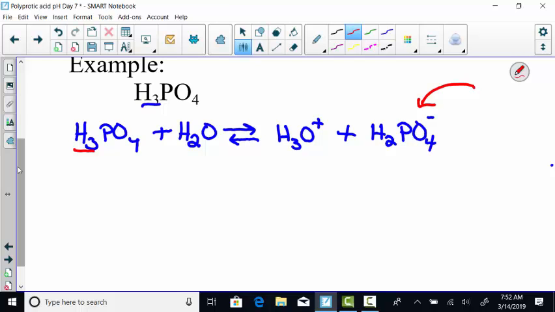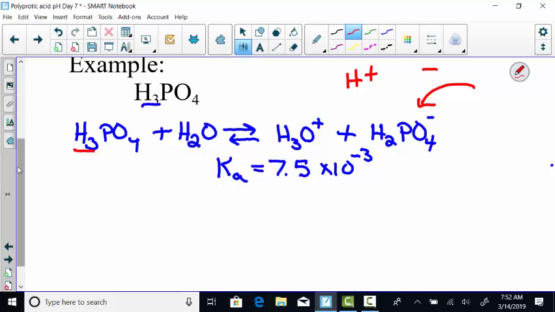You really need to realize that if you lose a 1 plus charge, then this becomes a minus charge left over. Now, this process has a Ka to it, and you can find that Ka in the back of the book. But I'm just going to write this Ka down. It's 7.5 times 10 to the minus third.